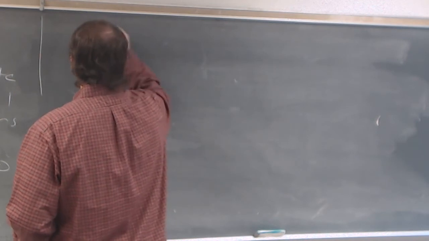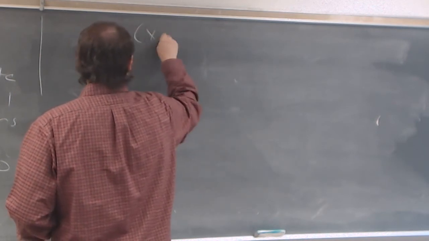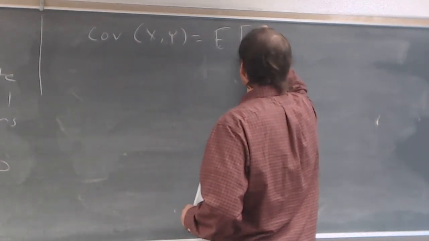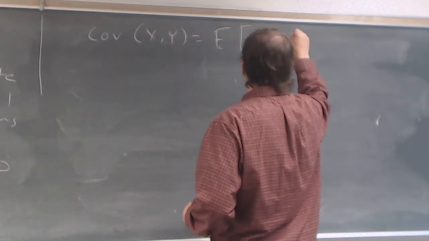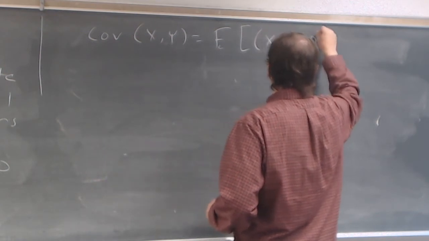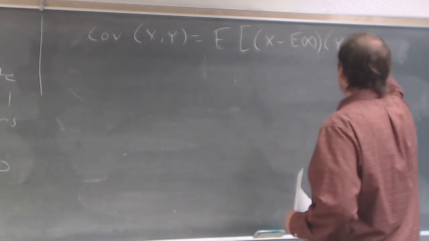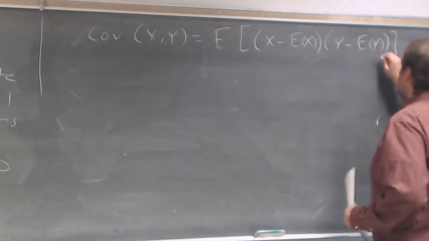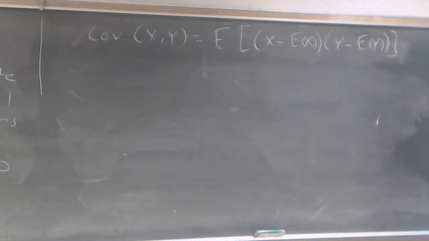the covariance of x comma y is equal to the expected value of the quantity x minus the expected value of x times the quantity y minus the expected value of y. Definition.